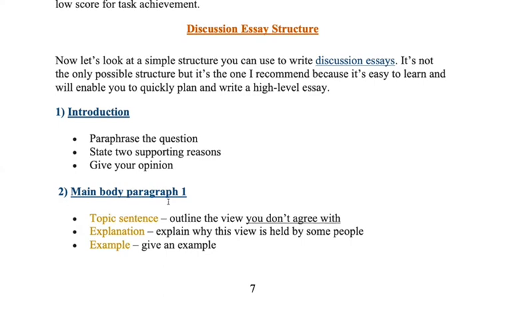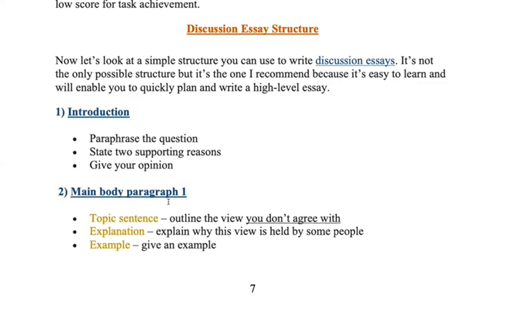When you state your 2 supporting reasons and give your opinion, you could do this in your thesis statement and outline. You might bring them together in 1 or 2 sentences as a thesis statement. It is entirely up to you; if you are confident enough to do so, then why not? So moving on to the main body, paragraph 1. The most important thing to do here is to write your topic sentence.